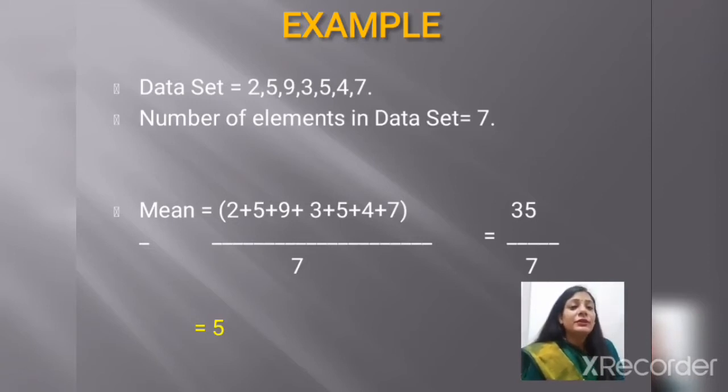Here you can see the sum of all elements, 2 plus 5 plus 9 plus 3 plus 5 plus 4 plus 7, is equal to 35. And the number of elements in the data set is 7. So it becomes 35 upon 7, hence equals 5. So the mean of this example is 5.